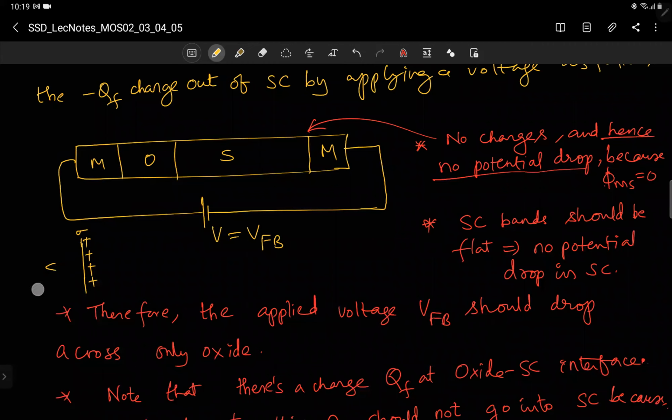Or in another way, you can think this way. There is a field this way, both directions field is there. I don't want to have this field on the right side. So what should I do? A positive charge sheet gives me field this way. So if I put a negative charge sheet here, this will have a field in the opposite direction, right?